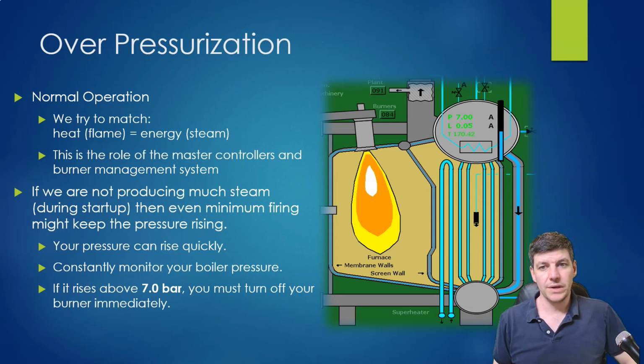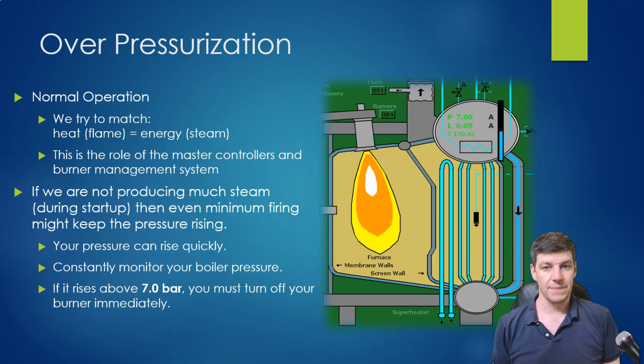So it's always important to keep an eye on your boiler pressure. And if it rises to our normal operating point or anywhere above, we've got a problem. And so if it rises up to 7 bar, which is our normal operating point, or even before it, the best course of action is to remove the source of energy.